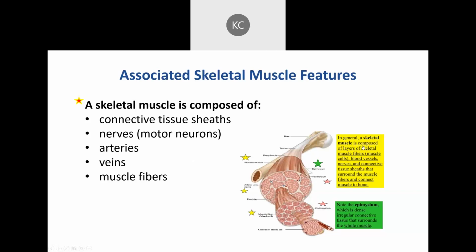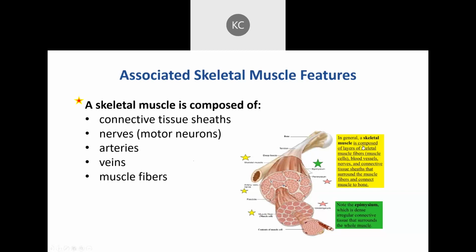Motor neurons take information out from the brain and spinal cord and take it out to some effector. And in this case, the effector is our muscle, all right, our skeletal muscle. You also have blood vessels, so you have arteries and veins that are supplying the muscle fibers with oxygenated blood and draining venous blood away. And depending on the metabolic activity of a muscle cell, it will have more or less arterial blood being supplied to it. And then, of course, we have the muscle fibers themselves, right? So the individual muscle cells.